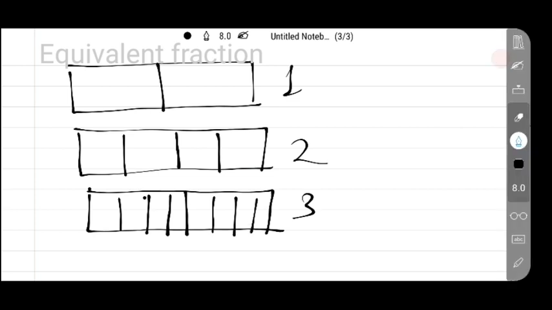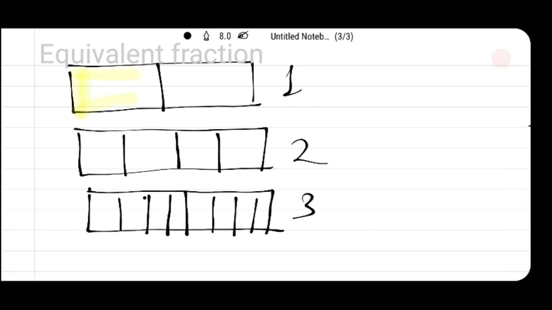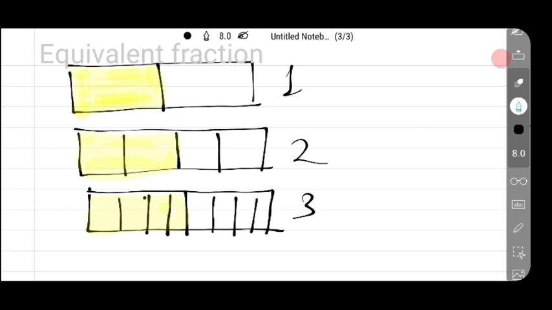Now shade the half of each rectangle. Let us shade the parts. Now we have to find out the fraction of shaded parts of each case. Okay, the fraction of shaded part in case 1 should be 1 upon 2.